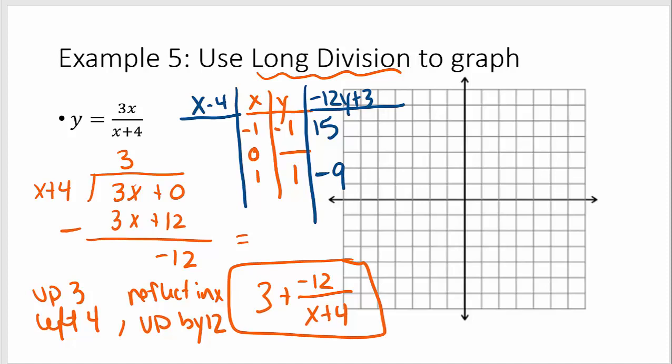Then I take my x values and I subtract 4, so I get negative 5 and negative 3. So I will draw my asymptotes and I will graph. So my first asymptote is going up by 3 and left by 4.